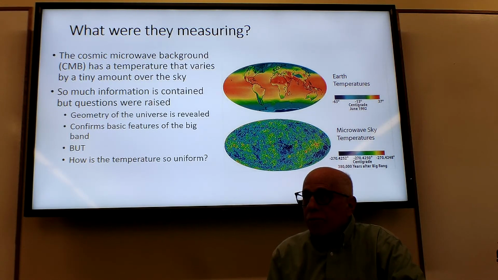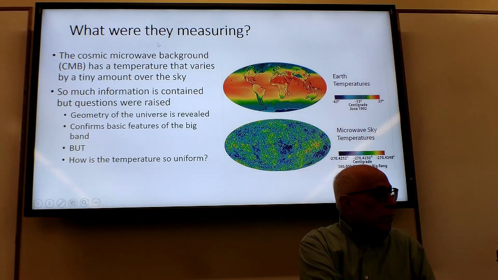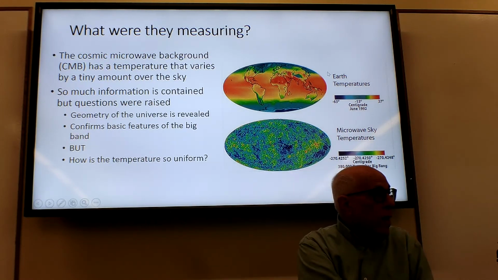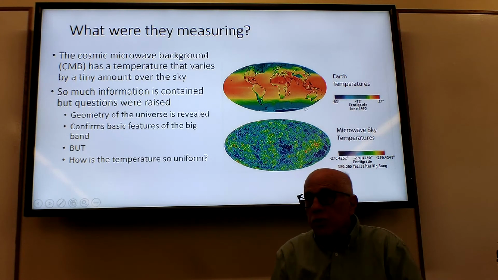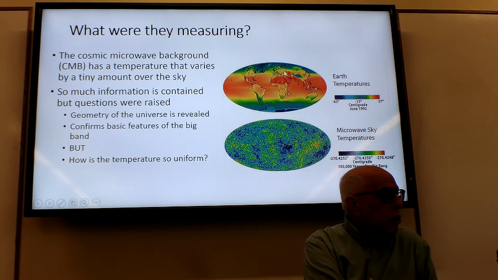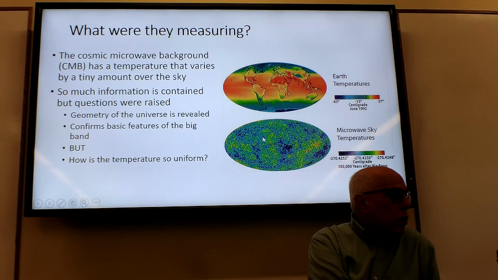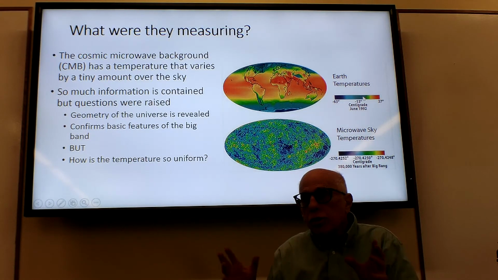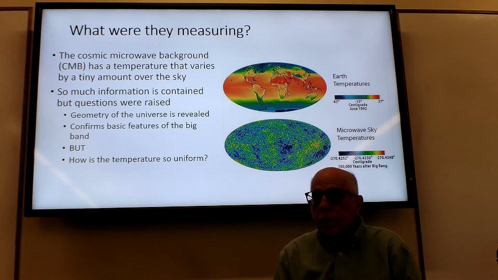So, we have this drawing here. This page is intended to show you two things. First of all, if we look at the distribution of temperatures of Earth, we've all seen these pictures, these so-called heat diagrams, and you see the mid-latitudes are warmer and the poles are colder, and there's a scale that shows us how the colors are coded to tell us what the temperature is over the distribution of the globe.